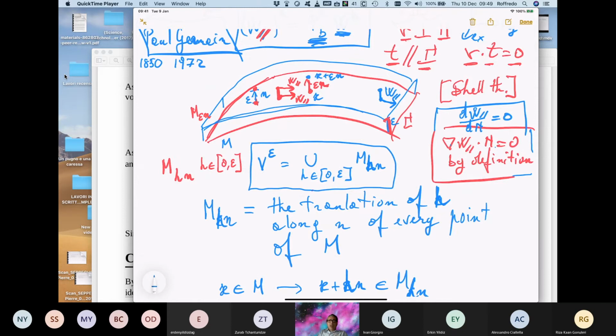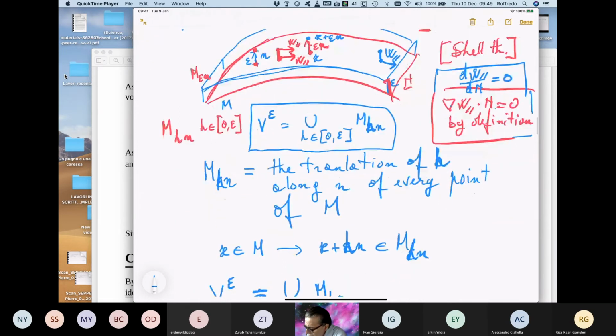This is clear because we constructed W parallel in such a way that it is constant along the thickness. Okay. Now, here I'm repeating. So let's repeat once more my definitions. M H n is the translation of M at a distance H.